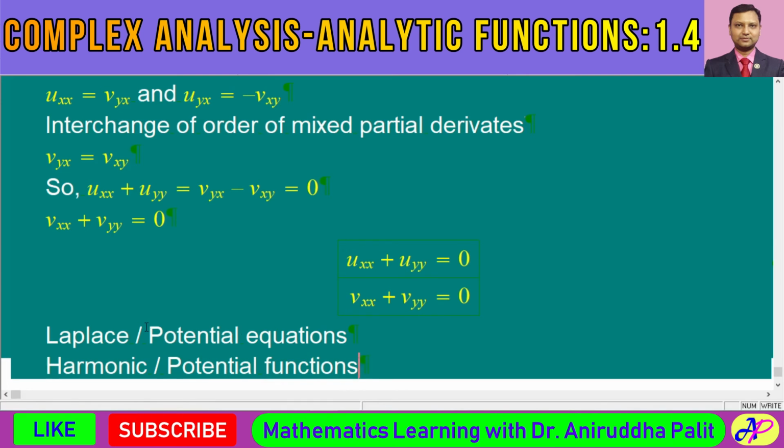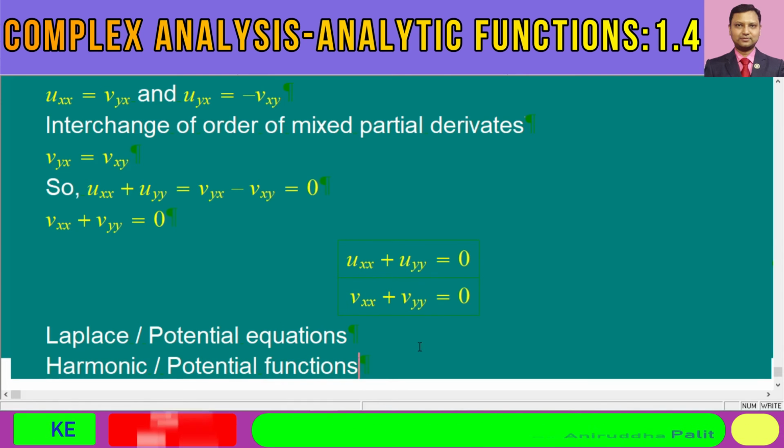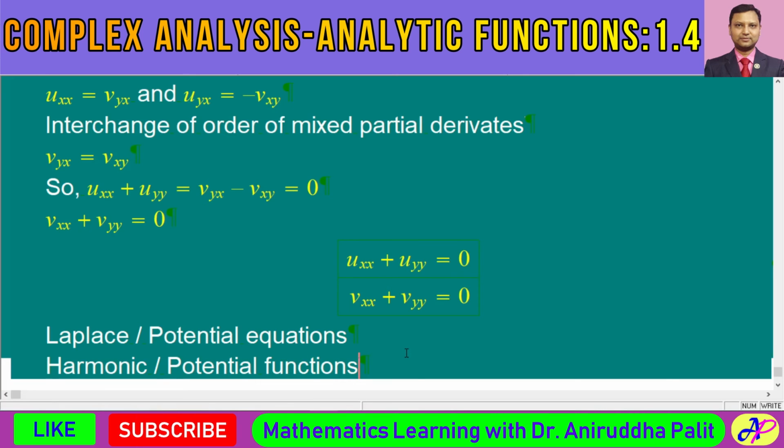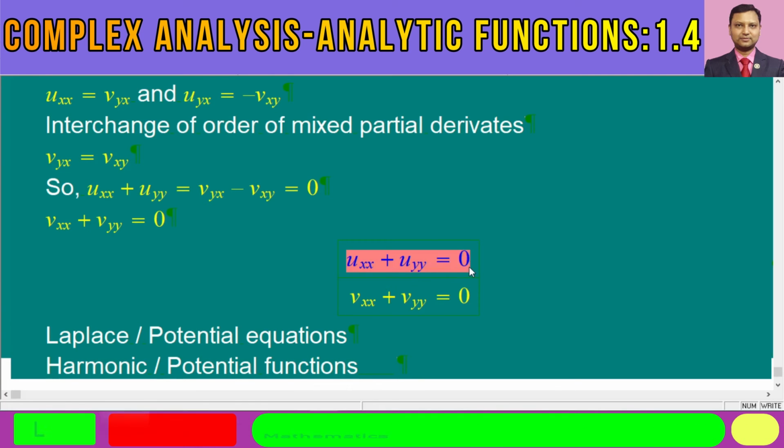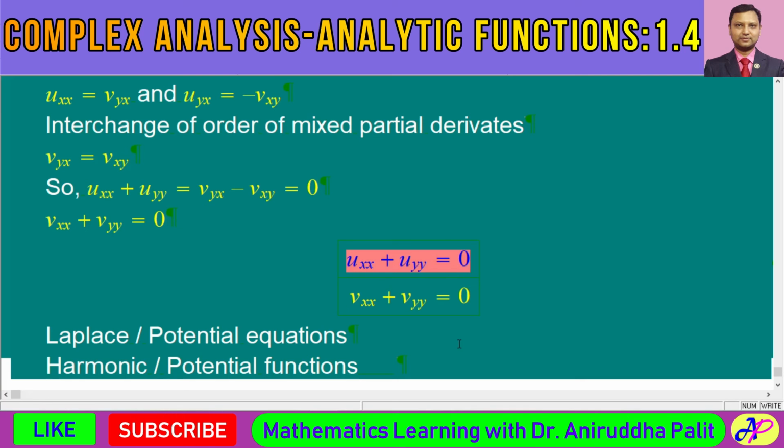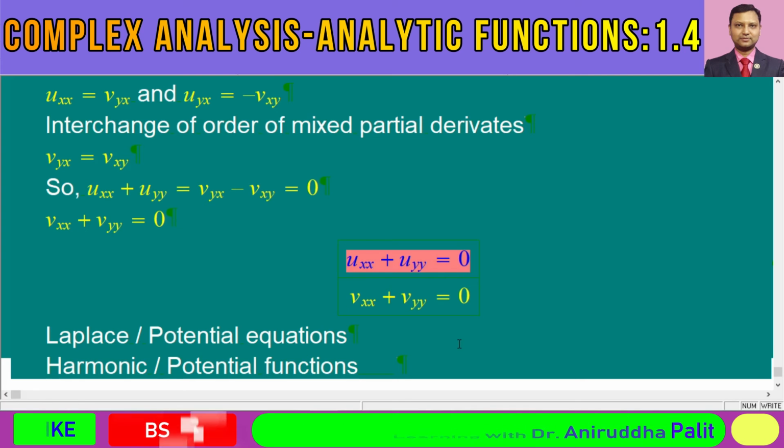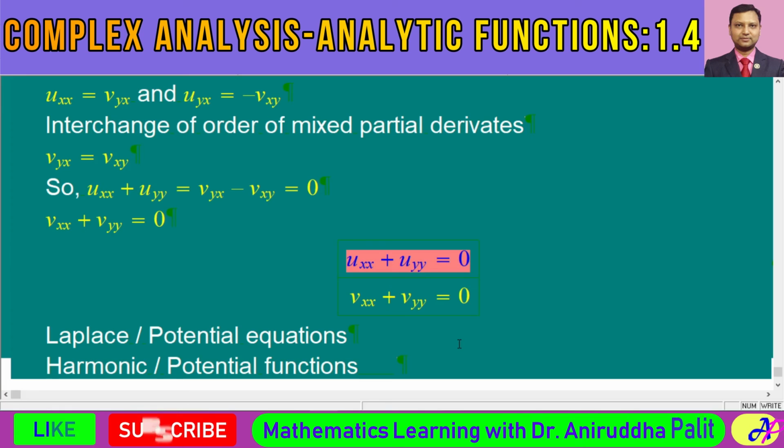Clear? Remember this very carefully, because you generally make a mistake. In most of the books, it is written that if a function satisfies this Laplace equation, then that function is harmonic. That definition is wrong. Clear?